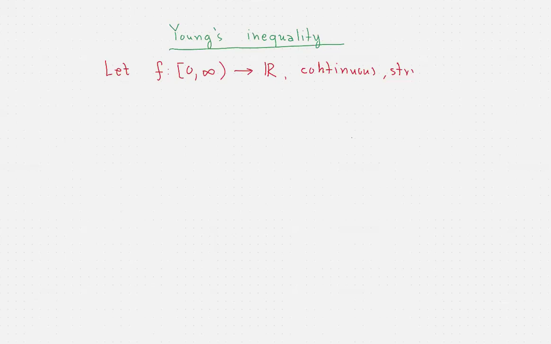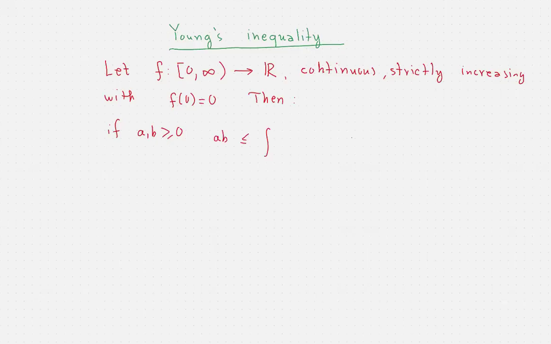With f of 0 equals 0. Then we have the following inequality. If a, b are greater than or equal to 0, then ab is less than or equal to the integral from 0 to a of f of x dx plus the integral from 0 to b of f to the negative 1 of y dy.